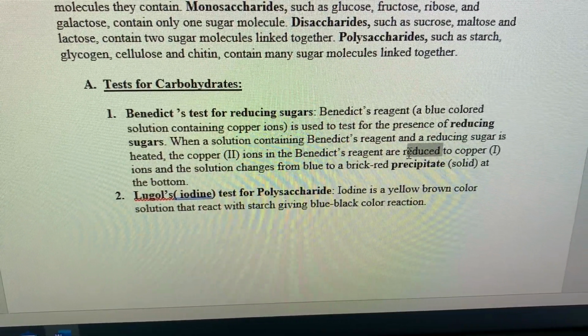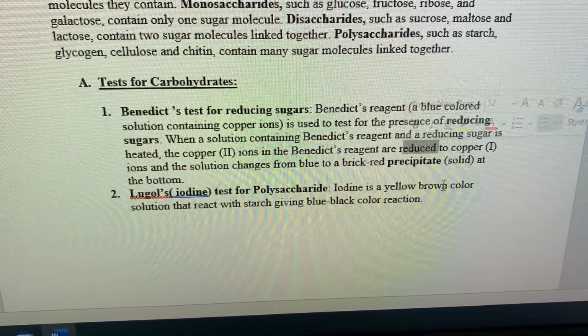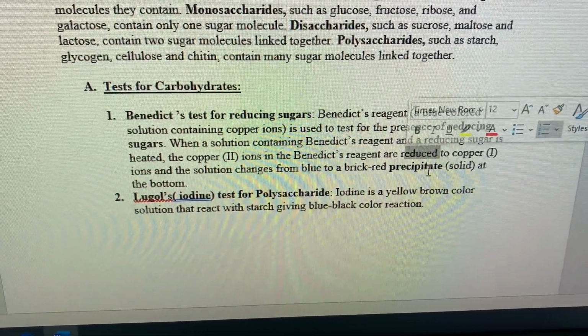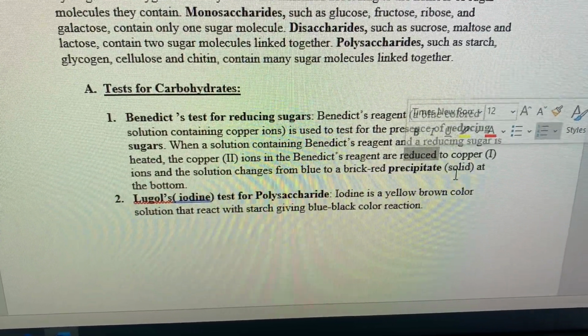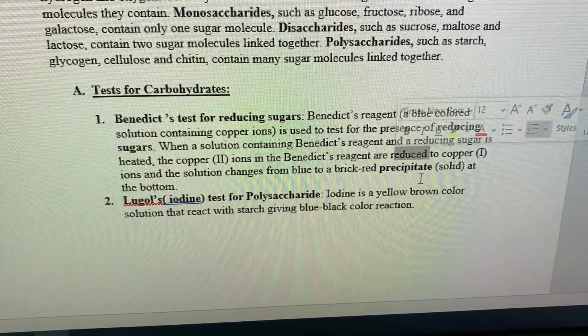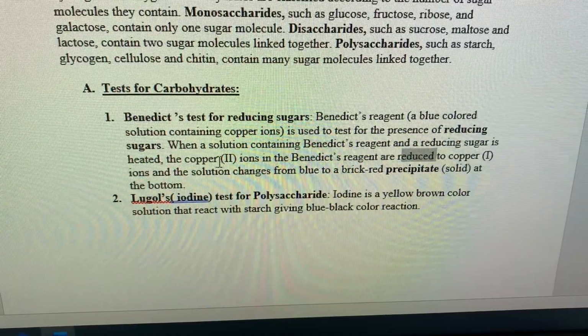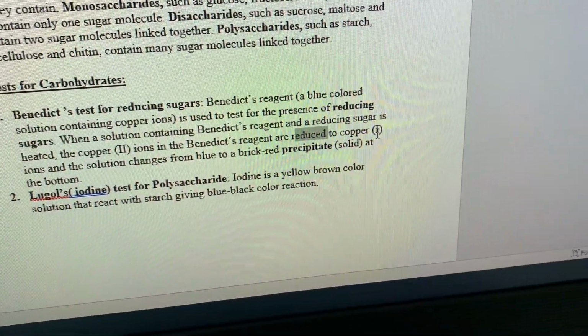So if I reduce it by adding the test tubes into a hot water bath, not directly to a fire, it will reduce from 2 ions of copper into 1.